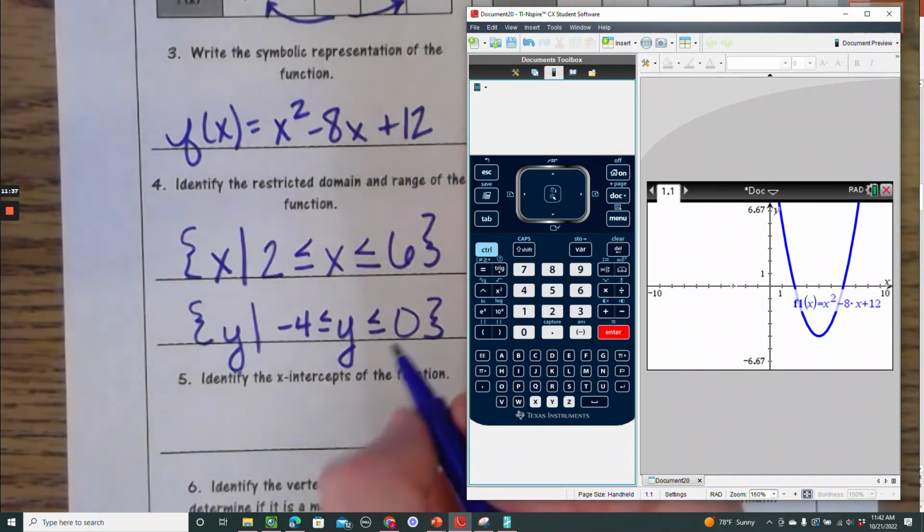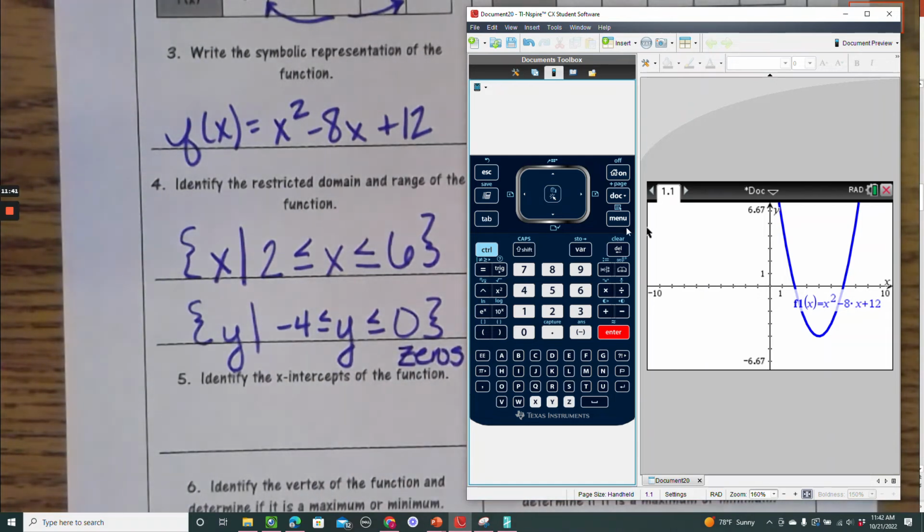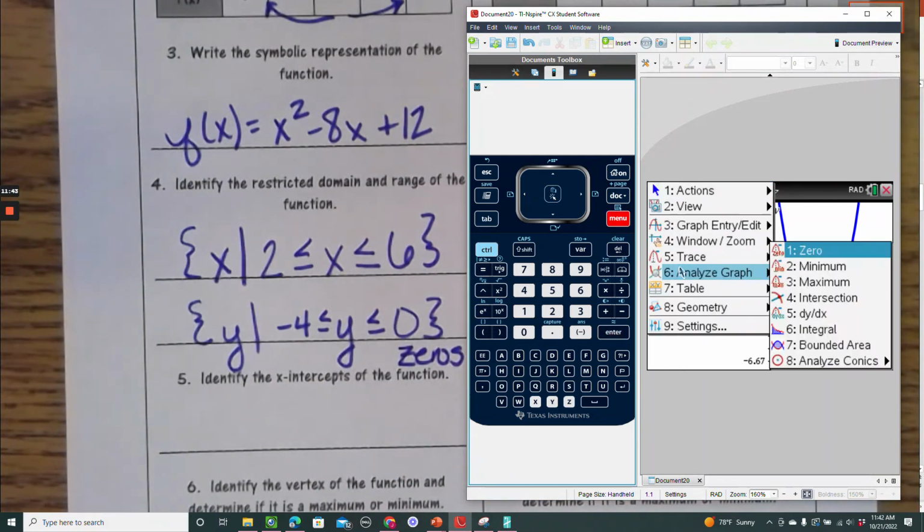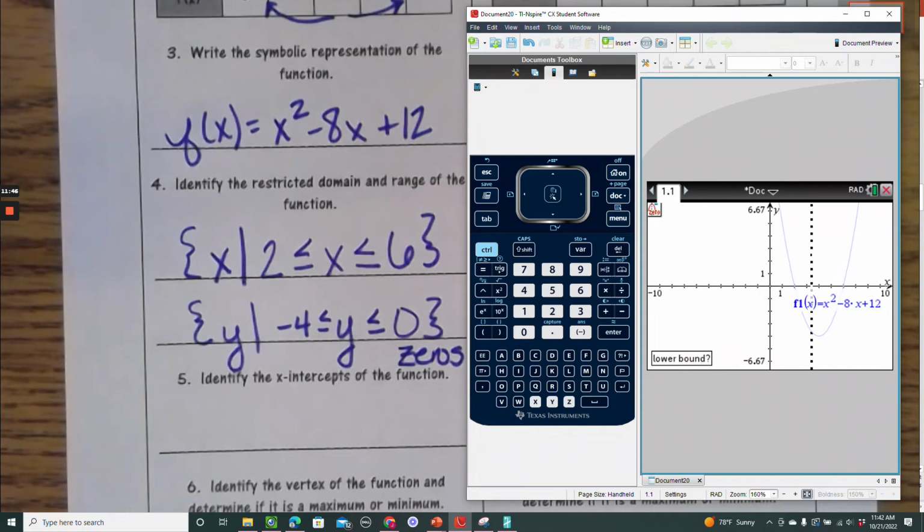In the calculator, the X-intercepts are called the zeros. And so menu 6, 1 will find the zeros. And you get these little boundary lines. You want to set those boundaries around the X-intercepts, and you have to do them separately.